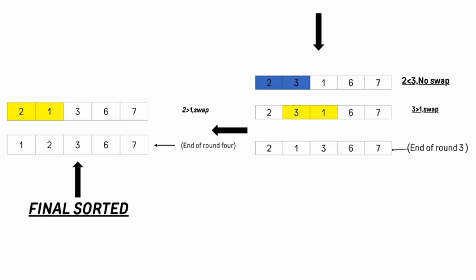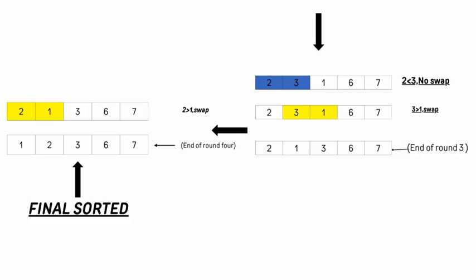The very first thing to be noted over here is also that the bubble sort algorithm is going to use 2 loops in a nested loop arrangement. So there is going to be an i loop and a j loop. The i loop is actually the round, so there are 4 rounds, so 4 times the i loop will run in this program if there are 5 numbers given in the array.